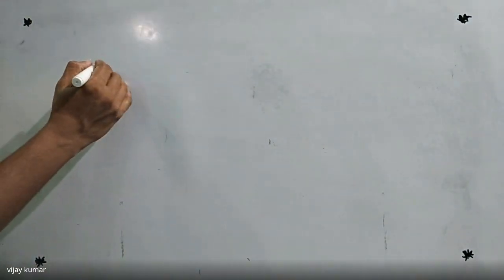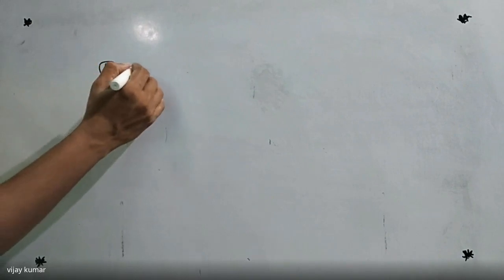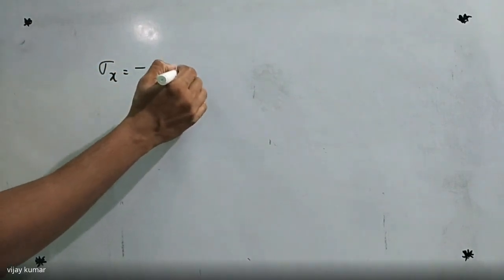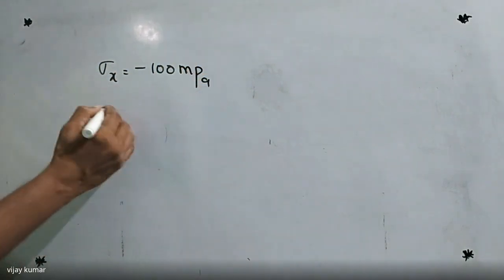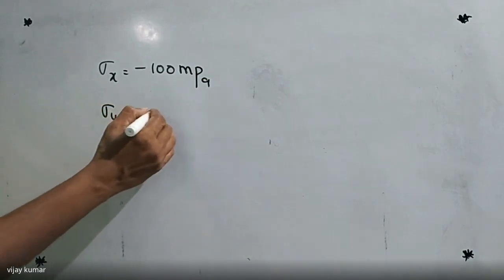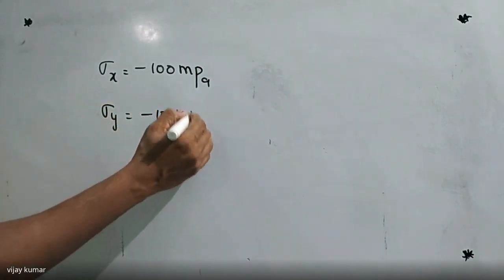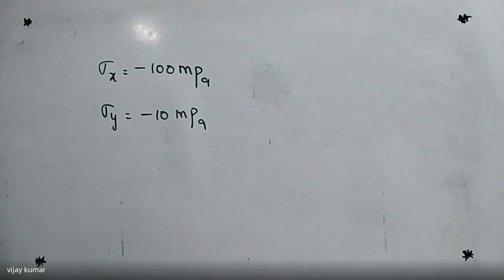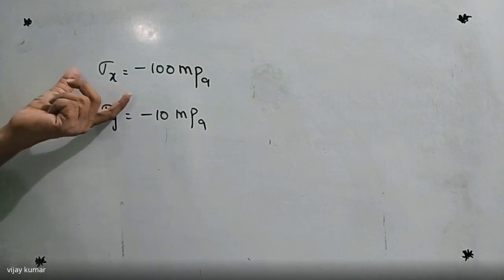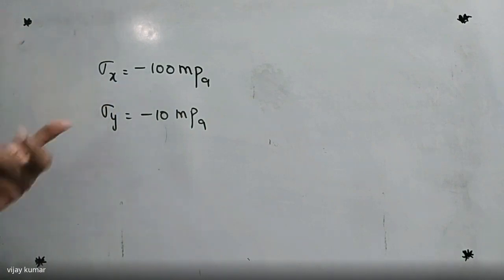Sigma x is equal to minus 100 megapascals, and sigma y is also given, equal to minus 10 megapascals. So these are the two values given in the GATE question, and they are asking: what is the maximum shear stress in the component?